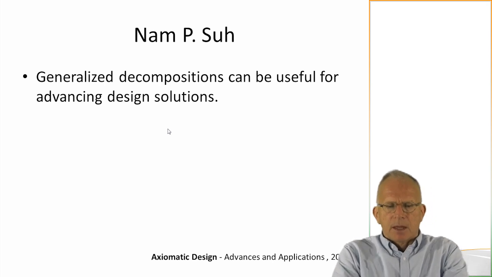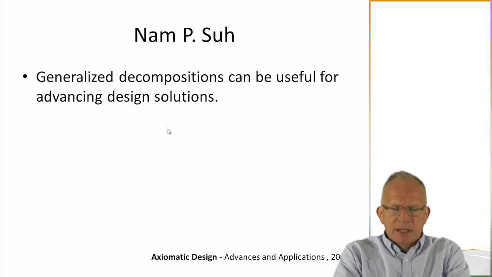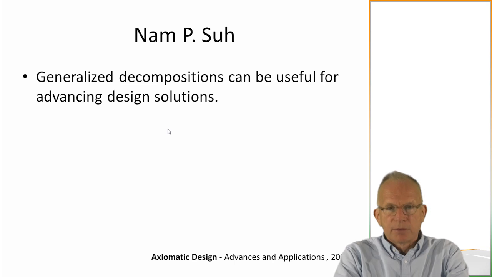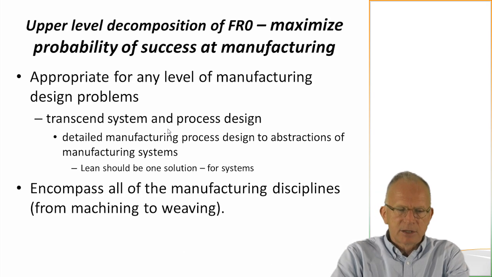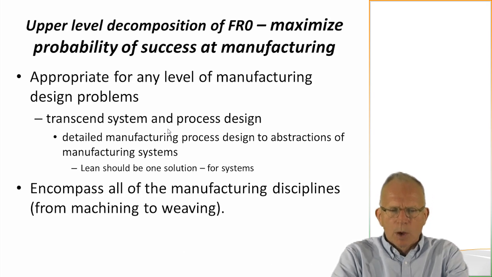Now, generalized decompositions could be useful for advancing design solutions. What would the upper level FR0 be? Perhaps we want to maximize the probability of success in manufacturing. So this might be appropriate for any level of manufacturing design problem and transcends the system and the process design.